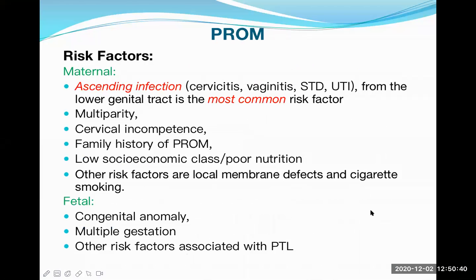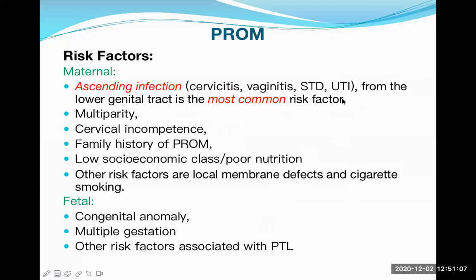Let's move on. Now, what are the risk factors of PROM? There are maternal risk factors and there are fetal risk factors. The maternal risk factors of PROM are ascending infection like cervicitis, vaginitis, sexually transmitted disease, or even UTI from the lower genital tract, which is the most common risk factor.